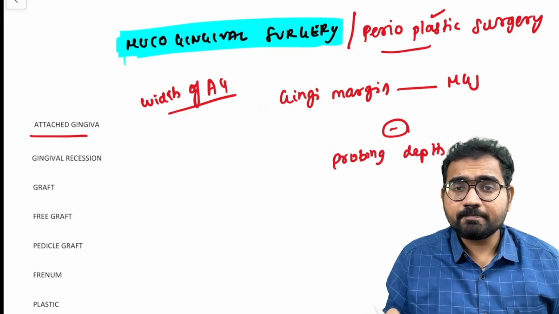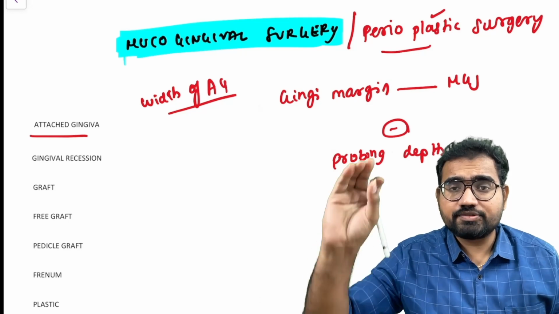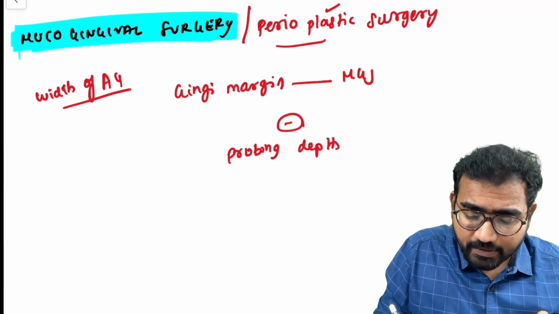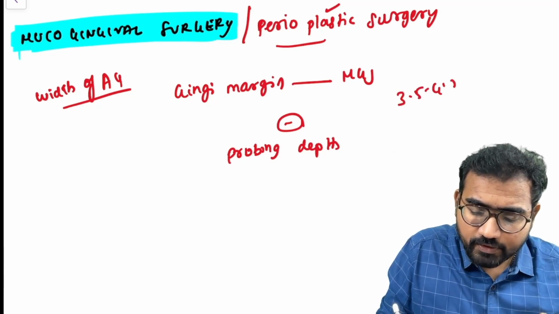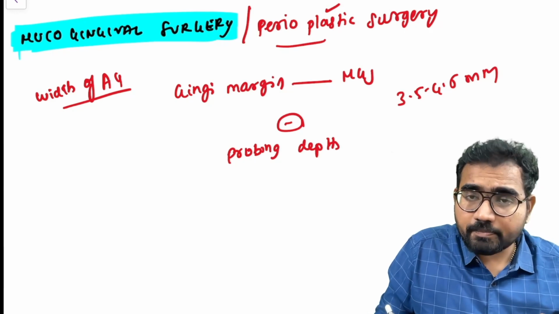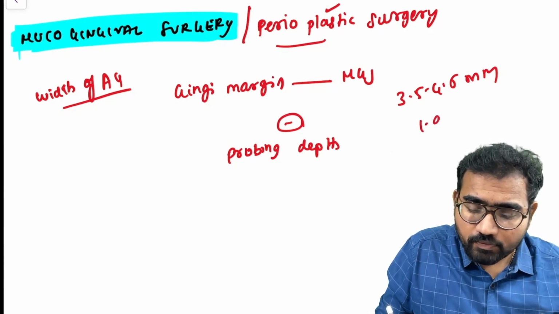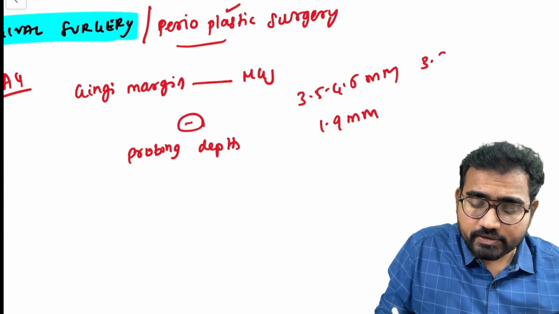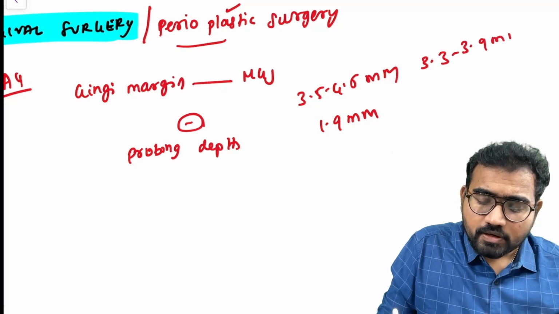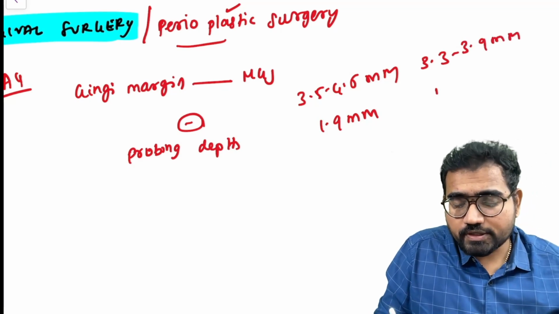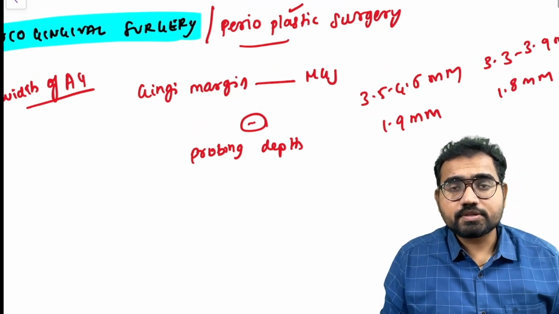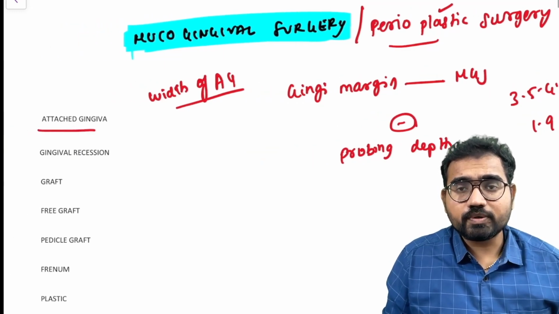That will give me the width of attached gingiva. Normally the width of attached gingiva for upper anterior should be 3.5 to 4.5 mm. For upper premolars and posteriors, it's going to be 1.9 mm. For lower anteriors, it should be 3.3 to 3.9 mm, and for lower premolars, it will be around 1.8 mm. So this is how we talk about width of attached gingiva.